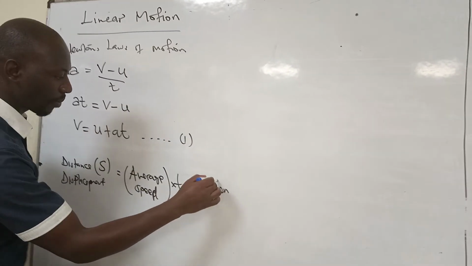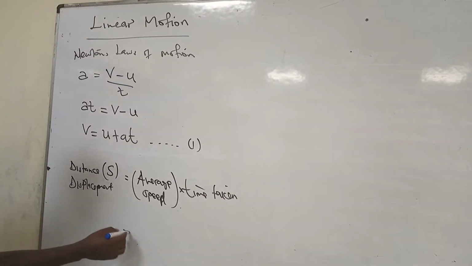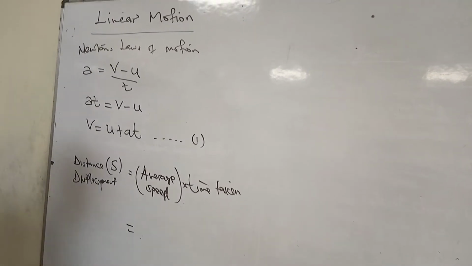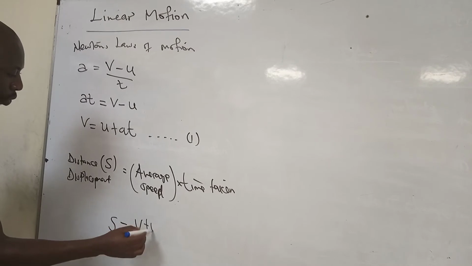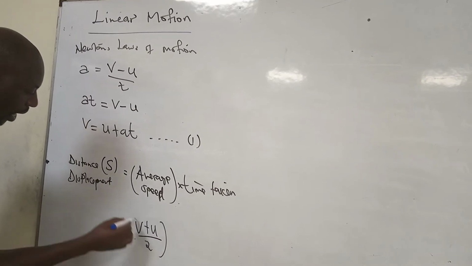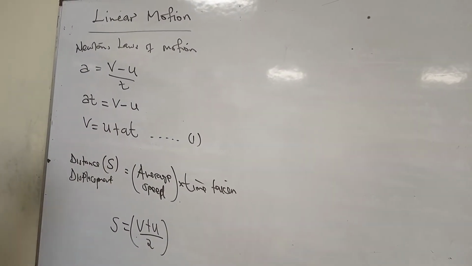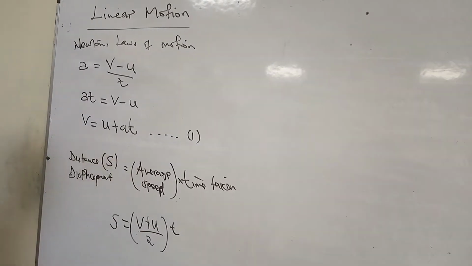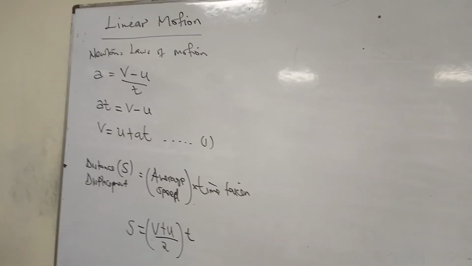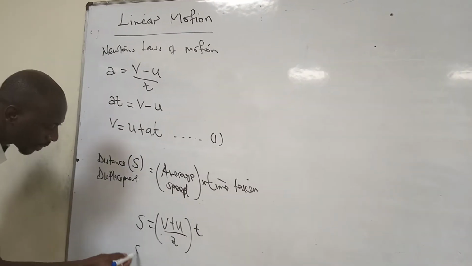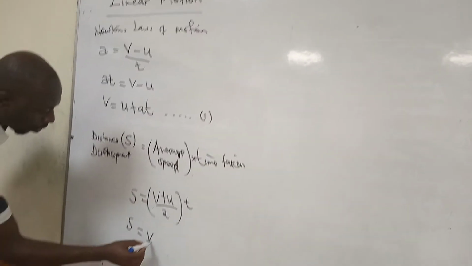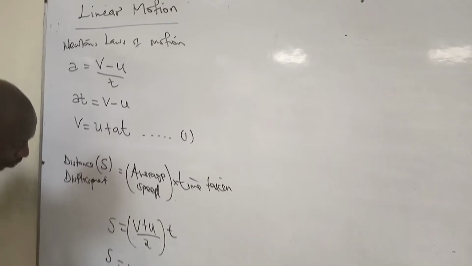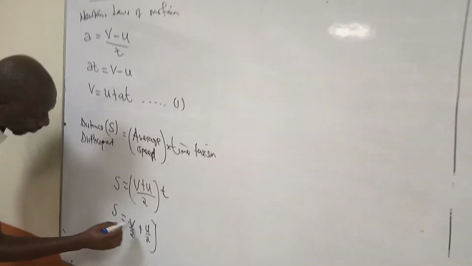And average speed we had found to be v plus u over 2, that is our average speed, and you multiply by time. So s is now equal to v over 2 plus u over 2, everything multiplied by t.